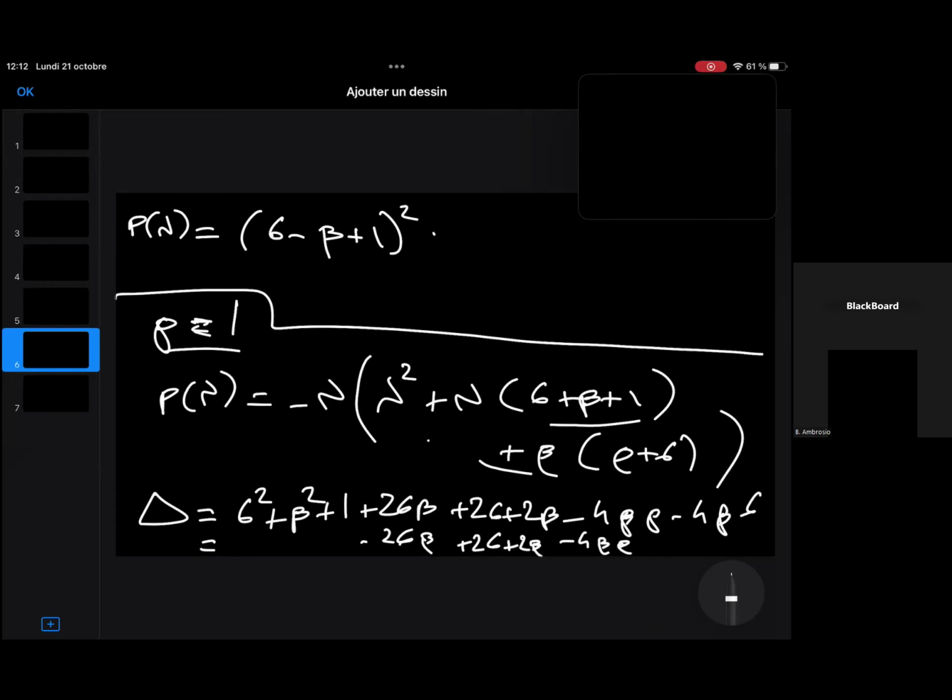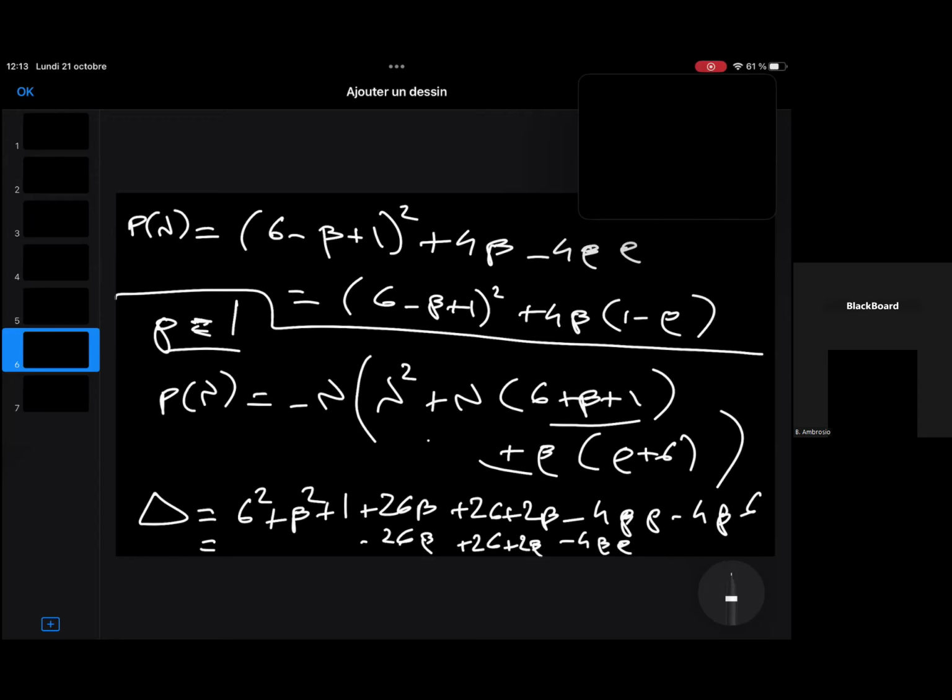And then I'll get plus 4 beta minus 4 beta rho, which gives sigma minus beta plus 1 square plus 4 beta times 1 minus rho.